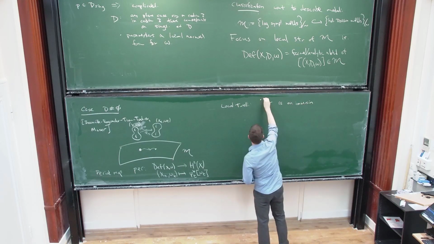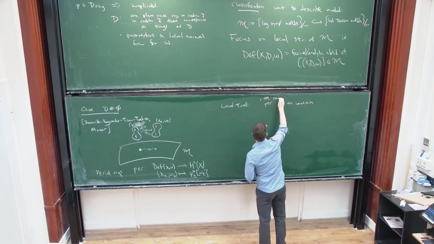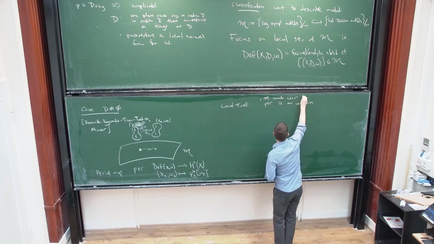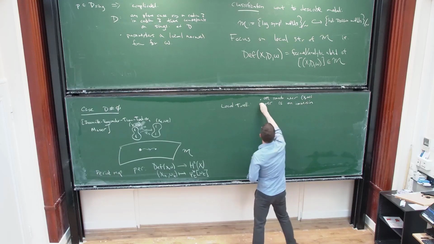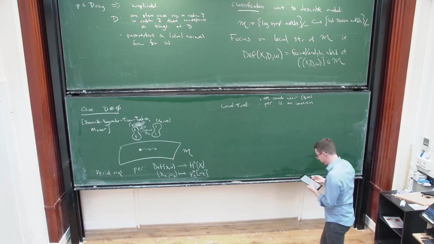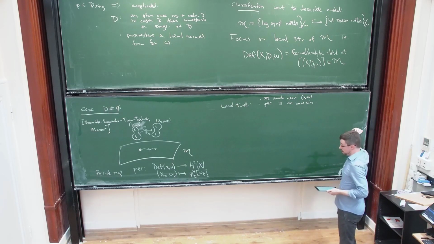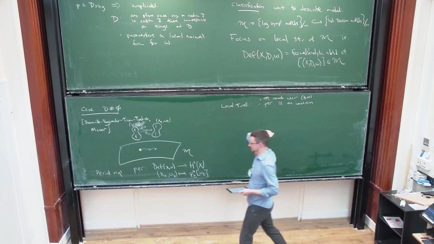Well, maybe let me say M is smooth near (X, ω). The period map is an immersion, and really it's injective.